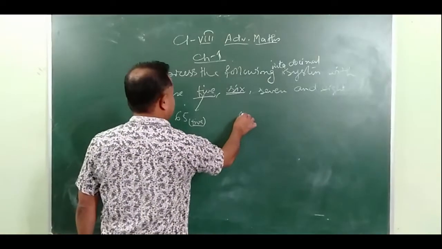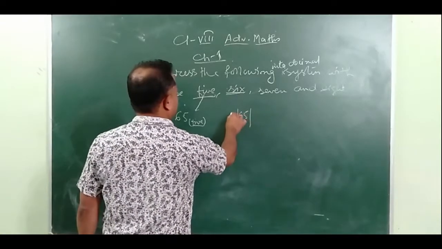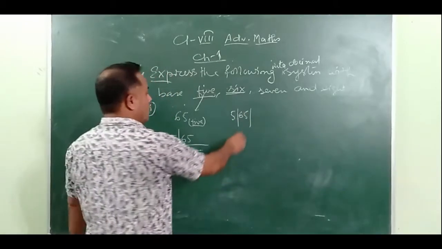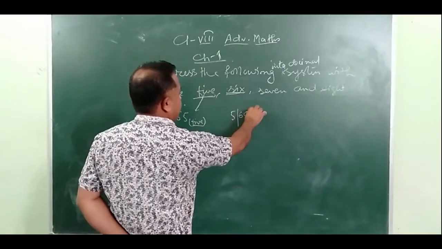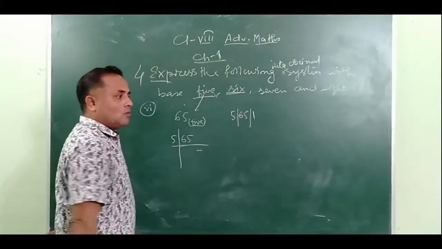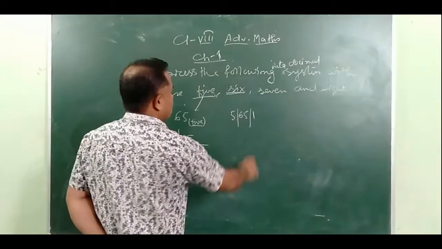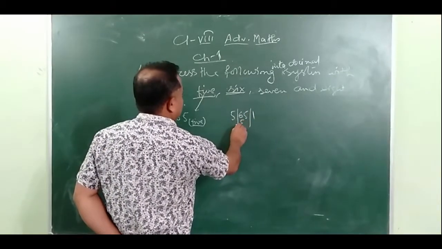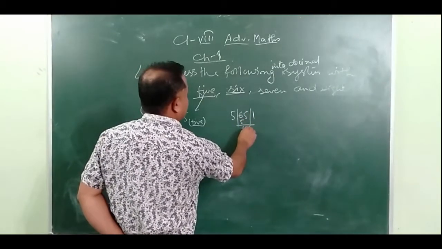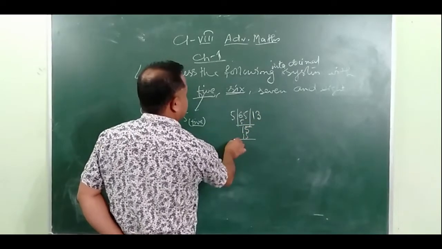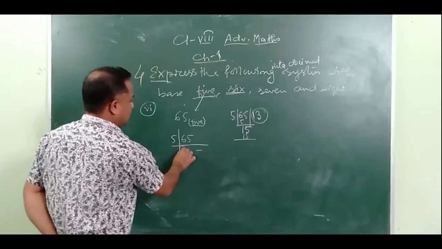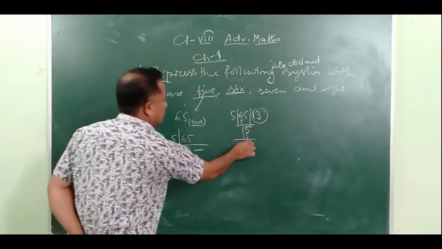So 65 I will divide with 5. How many times does it go? 5 1s are 5, 5 3s are 15. So the quotient is 13 and the remainder is 0.